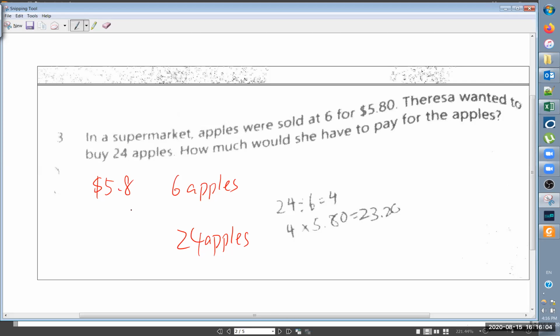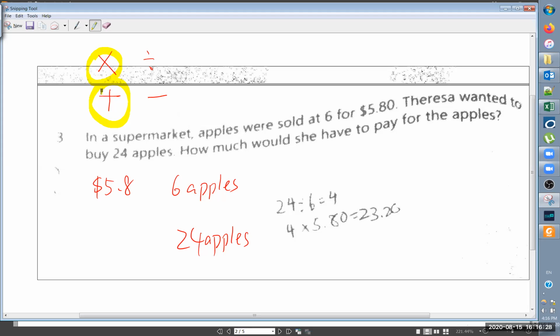So what are the operations we have learned so far? We have learned times, divide, plus, and subtract, right? Which operations will increase the number? Times, or times and plus. Very good. So you know that you are going to pay more than 5.8.